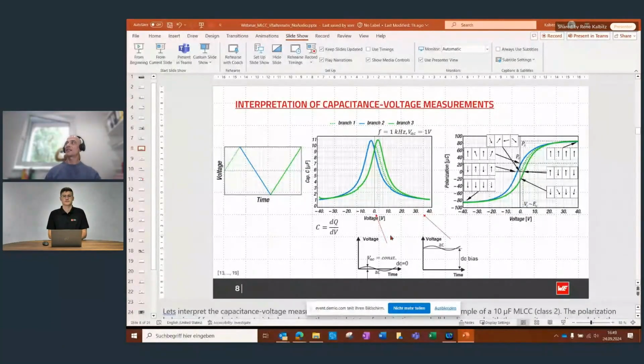Why is that important? I mean, it is not important as long as you drive your capacitor always with a certain DC voltage and operate it under DC voltage. Every time you switch it on, you know that you will have a certain DC voltage, and then you can refer to the model, or you can refer to the measured plots in the Red Expert, read off the actual capacitance, and you actually don't have to care if there's this polarization state that is maintained even after you switch off the device.